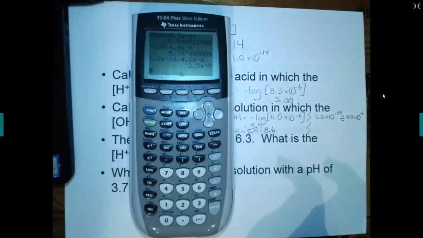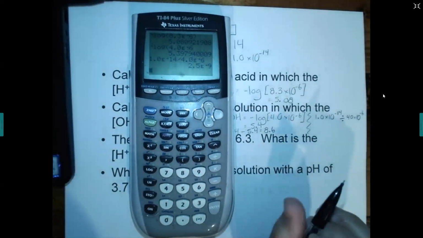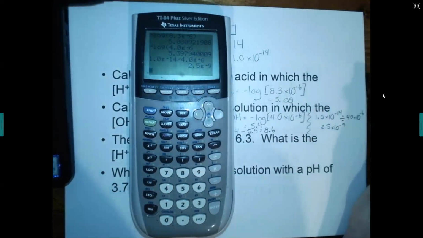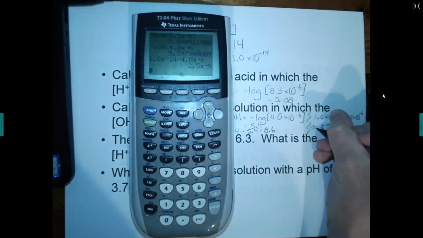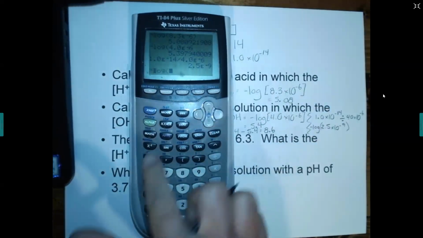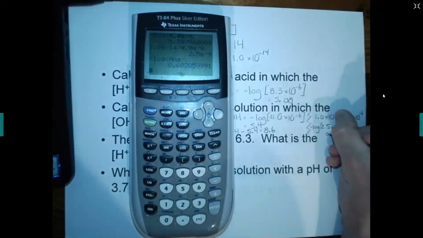Okay, and so once you do that, we can take the 2.5 times 10 to the negative 9. Now we can take the negative log of that, and we get 8.6.